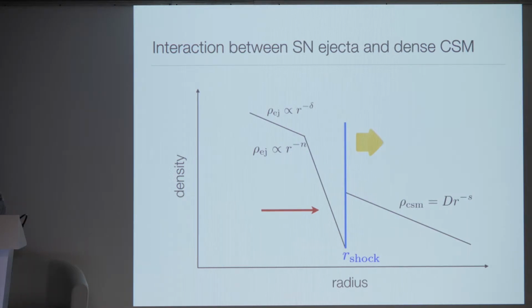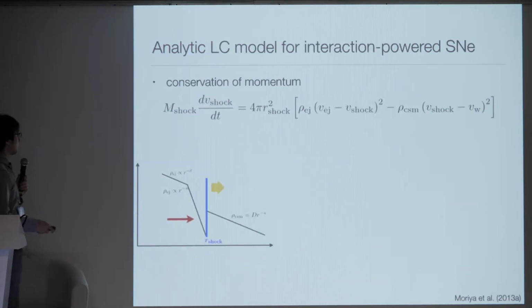And if we assume there is just one thin shock there, then the motion of this shock can be easily described by taking into account conservation of momentum, or the equation of motion.